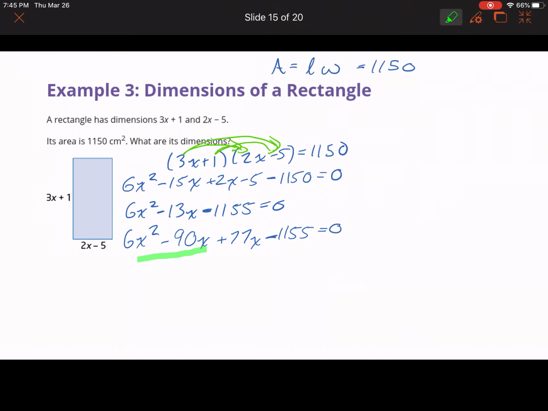Now I'm going to group first two, second two. Out of my first two, I can pull out 6x.